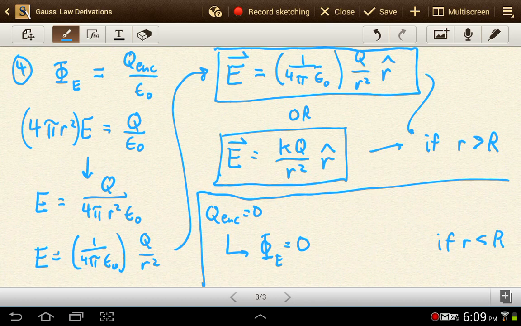All the symmetry we did applies. But if you look up here, this is equal to 0 because Q enclosed is 0.